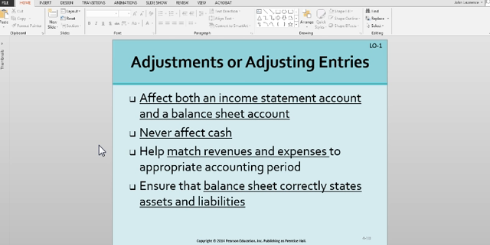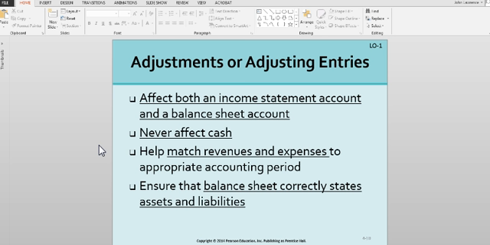Similarly, for your depreciation of your equipment or computers that you bought, you are increasing your depreciation expense for the period, i.e. the income statement, and you're also increasing your accumulated depreciation as of that period, i.e. your balance sheet. They're not going to affect cash. If they affected cash, they would be an explicit transaction. So by definition, an implicit transaction is one that does not have a direct impact on cash in that period.